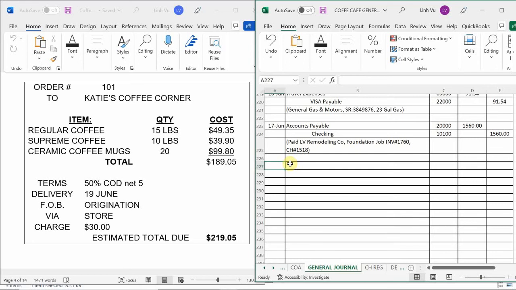But when am I going to deliver this order? In 5 days. No, I mean, that's when she's due. The 19th.